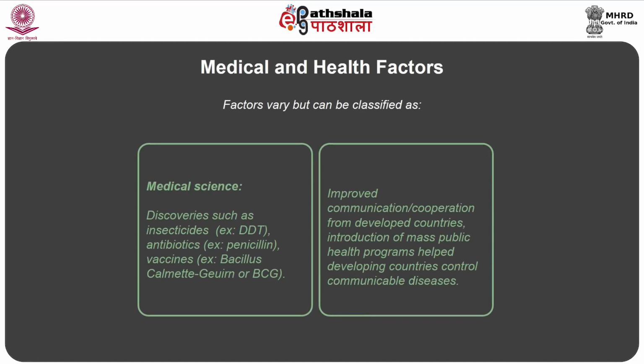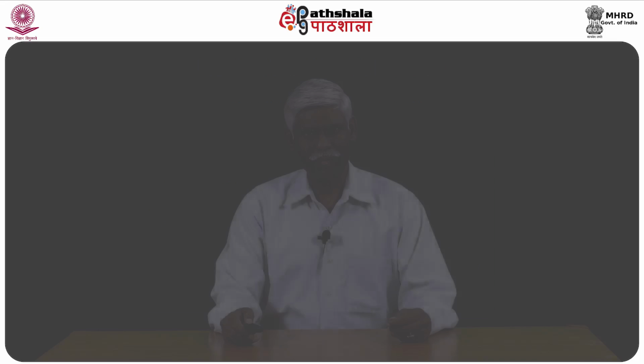For instance, in the field of medical science, the most important discoveries like insecticides such as DDT, antibiotics like penicillin and vaccines like BCG, because of improved communication and cooperation from various developed countries, and the introduction of mass public health programs, have greatly helped the developing countries to control various communicable diseases that they are experiencing.